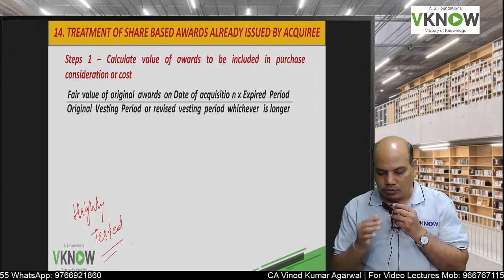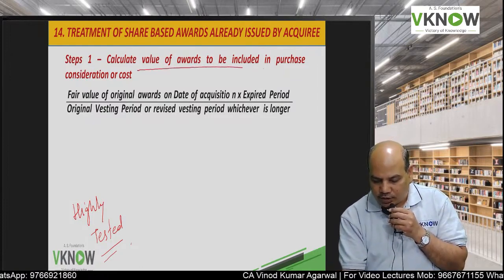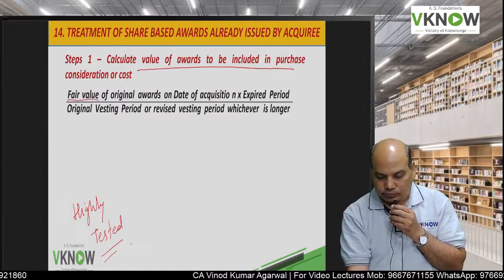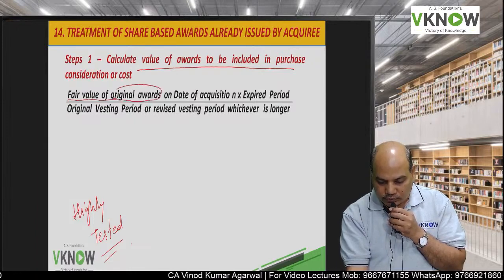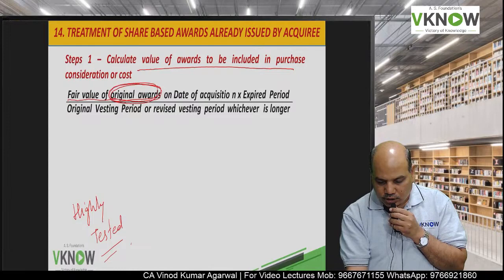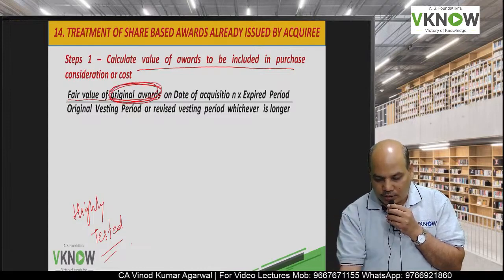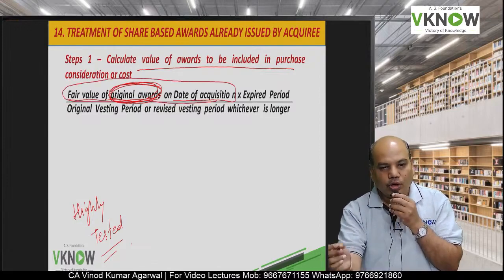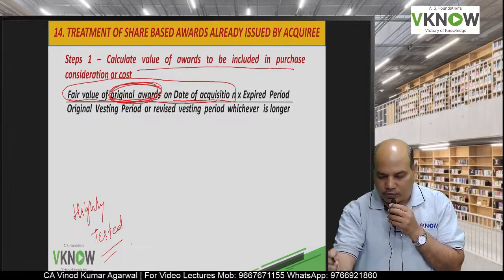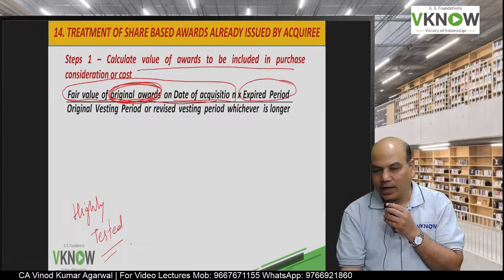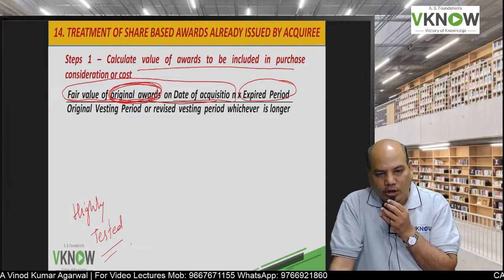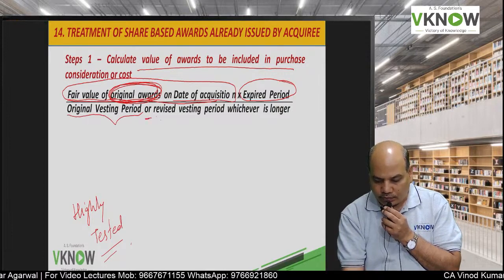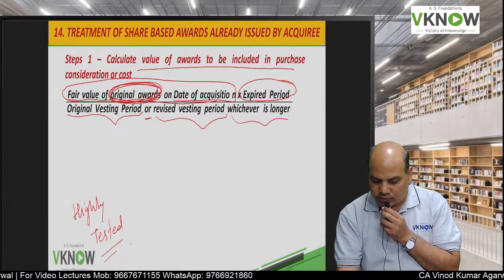So the answer is, we will calculate the fair value of that award to be included as a part of PC equal to the fair value of the original award on the date of acquisition, multiplied by the expired period, that is how many years are already over, divided by the original vesting period or revised vesting period, whichever is higher.